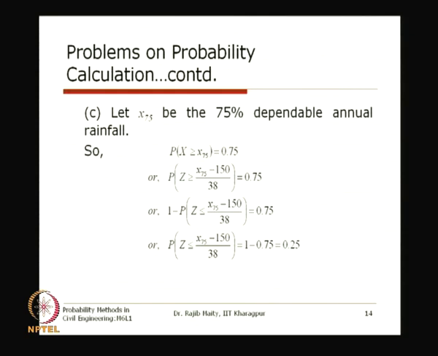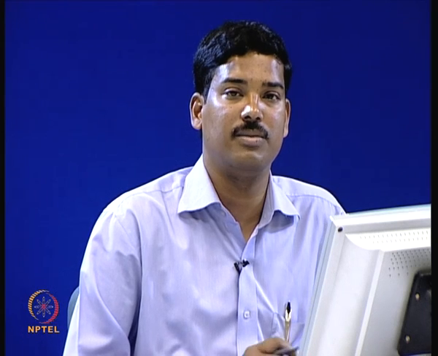And the third thing, the last question that we have seen, is the 75% dependable annual rainfall. What we mean is that x75 is the value denoted as the 75% dependable annual rainfall. As I told, dependable rainfall means I am assured that this much rainfall can be obtained at this station with the probability level 0.75.